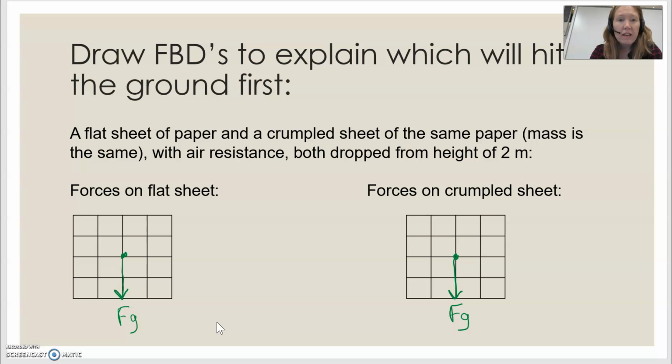Then the flat sheet is going to have a greater drag force because it has a greater surface area. Let's say they're halfway down through their fall. Maybe this one has a box and a half worth of drag force. You can call this D, or FD. But the crumpled sheet has less drag force because it has less surface area, so maybe this is much smaller.